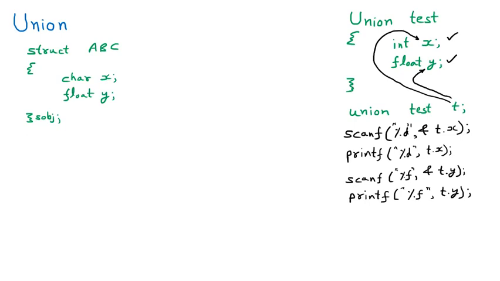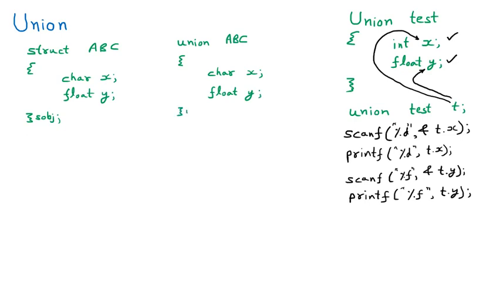And I have told you the union is exactly the same. If I take union as the keyword and then use the same name, let us suppose ABC, and afterward we say char x, a similar declaration. Then float y is there.